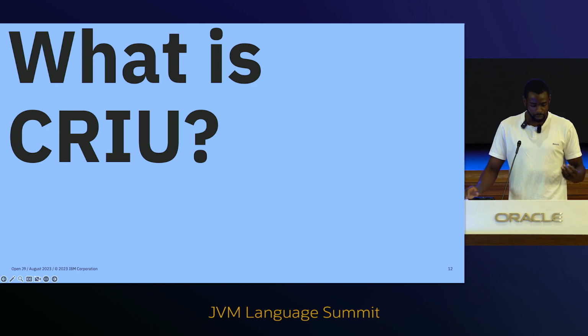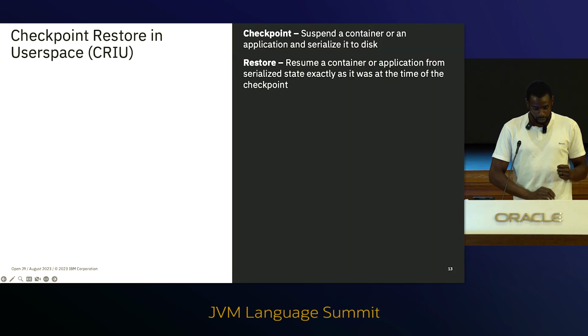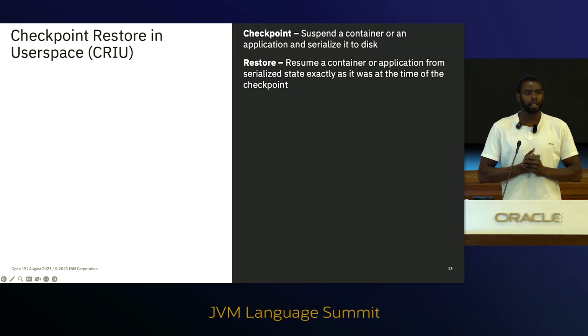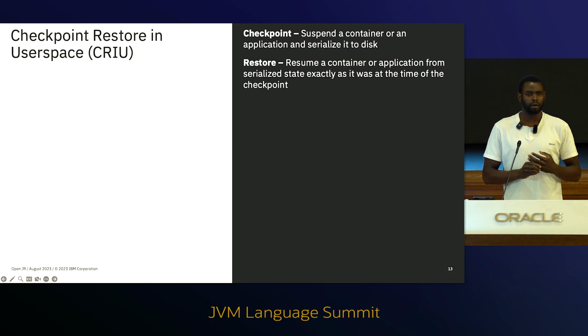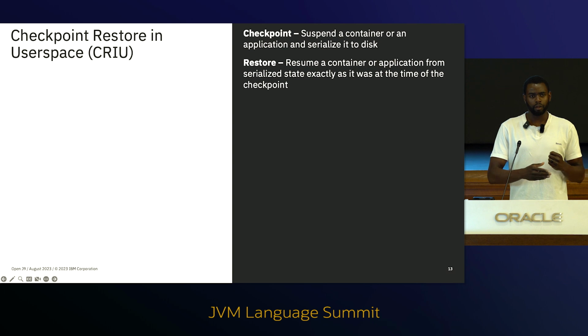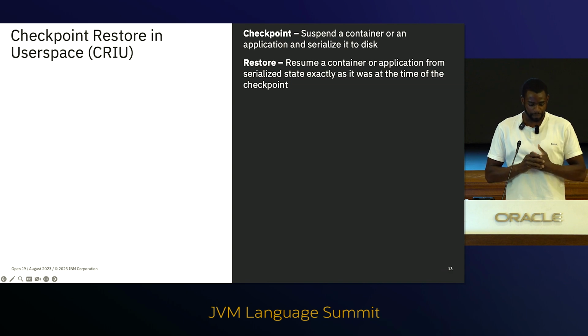So CRIU stands for Checkpoint and Restore in Userspace. It is a project that began officially in 2012, but it actually started earlier, around 2005, under a different name. At that point, the earlier project was Checkpoint Restore in kernel, but then in 2012, the redesign happened, and they moved it to Userspace.